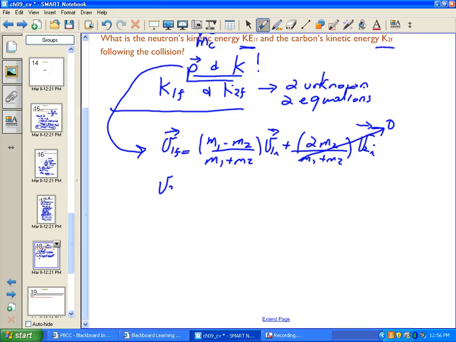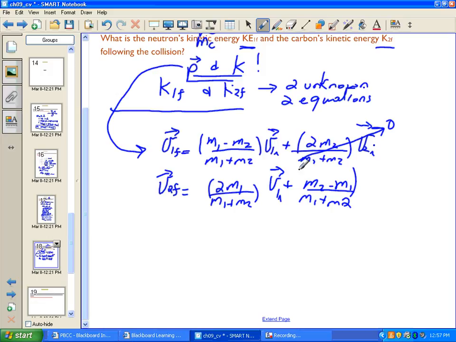There is a second equation for determining the final velocity of the second object, again the carbon, and that is 2m1 divided by (m1 plus m2), v1 initial, and just for the sake of writing it, the next term, (m2 minus m1) over (m1 plus m2), v2 initial, and boy, I love to do this, set it equal to 0.